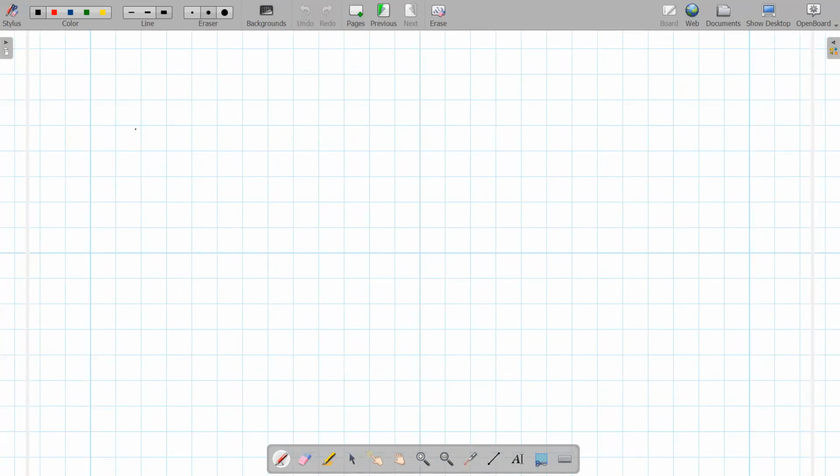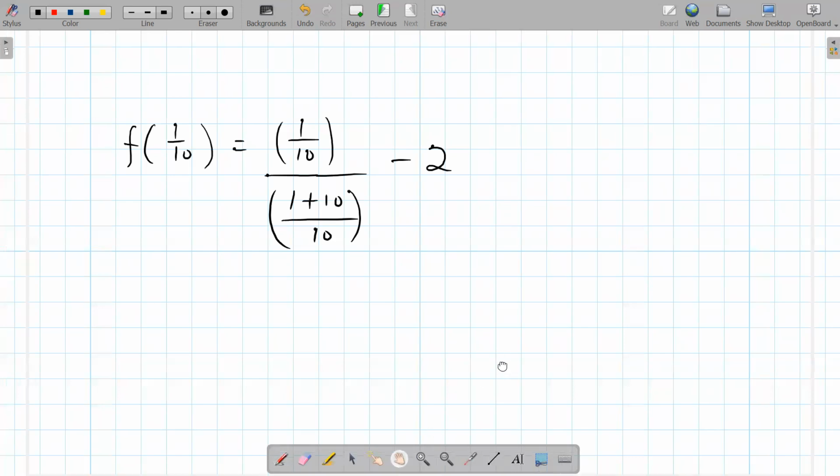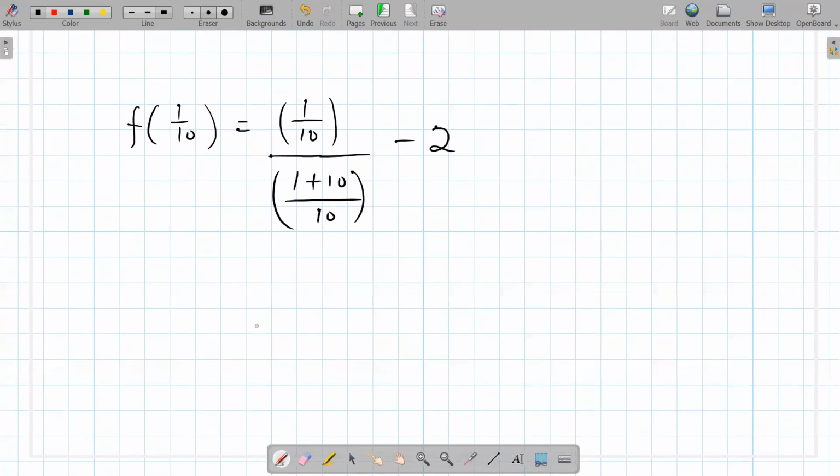So f of that, we got 1 over 10 here, and then we had 1 plus 10, and then minus 2, okay? This is what we had in the previous page.